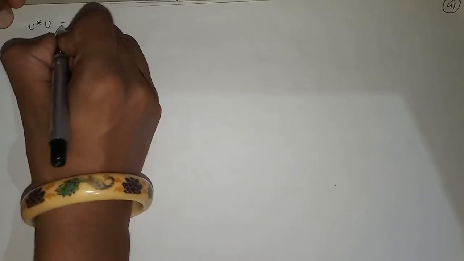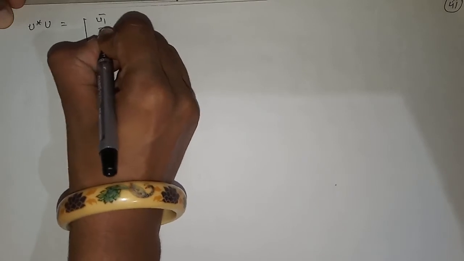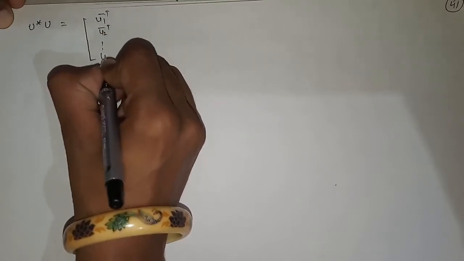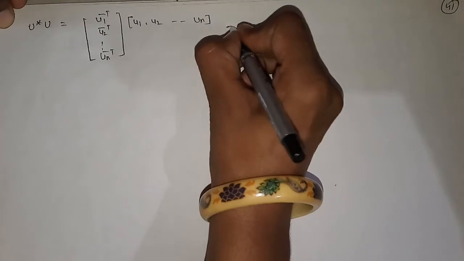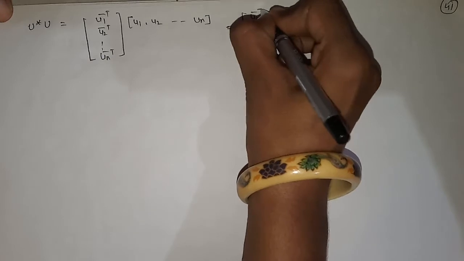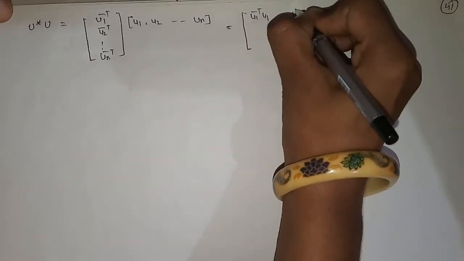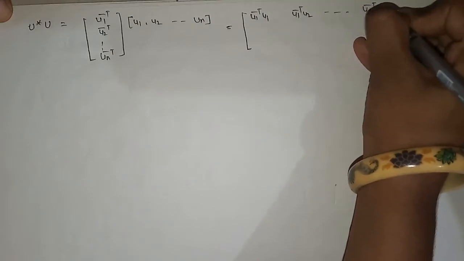Now I have to calculate U star U. So there are two ways. Either I can calculate this directly, u1 bar transpose, u2 bar transpose up to un bar transpose, and this is u1, u2 up to un. So if I take this product, first of all I will do it by this. So this becomes u1 bar transpose u1, u1 bar transpose u2 and so on up to u1 bar transpose un.